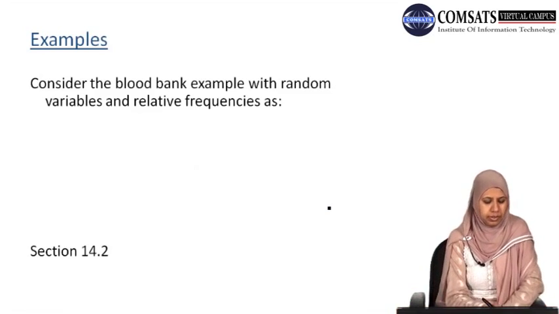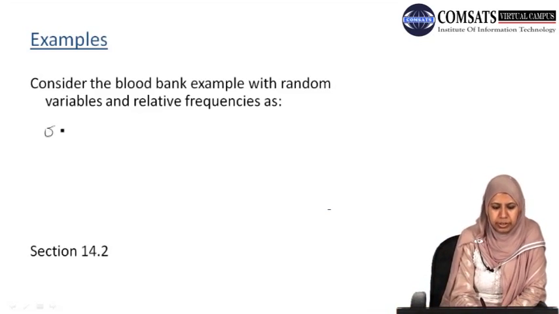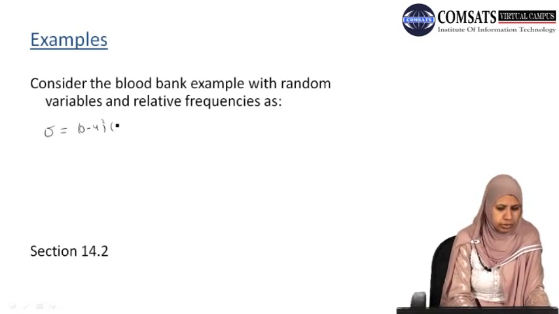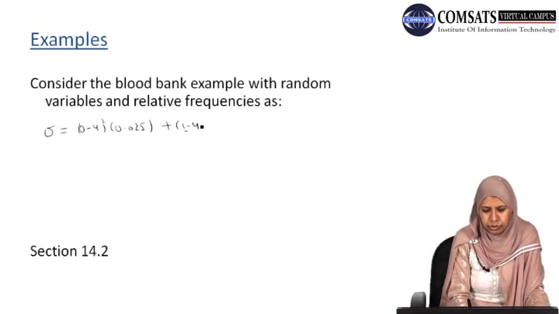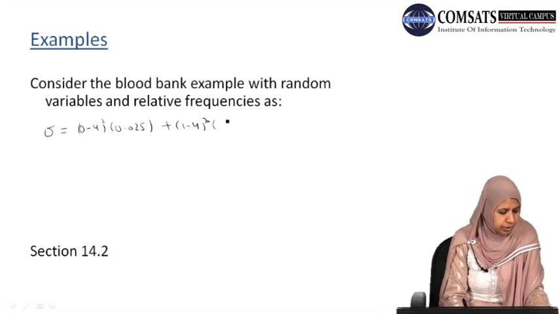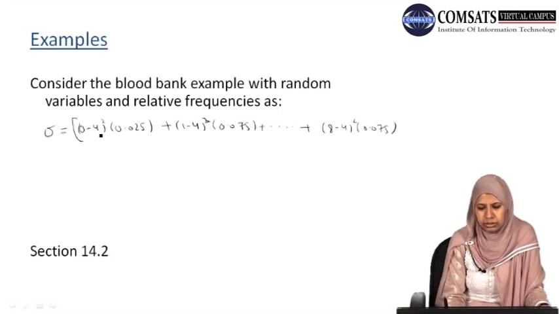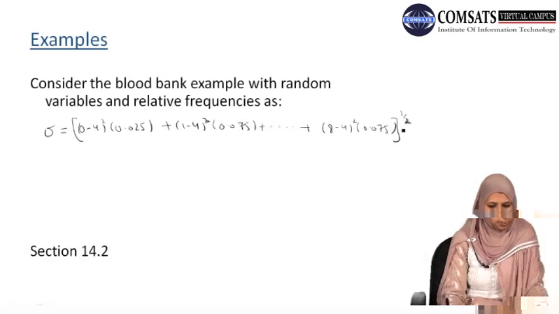Our standard deviation will be equal to (0 minus 4) square into the respective probability plus (1 minus 4) square into the respective probability, which is 0.075, and so on, up to (8 minus 4) square into the respective probability, whole to the power 1 by 2, or under root.